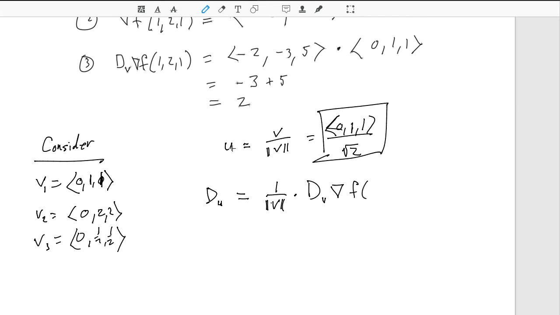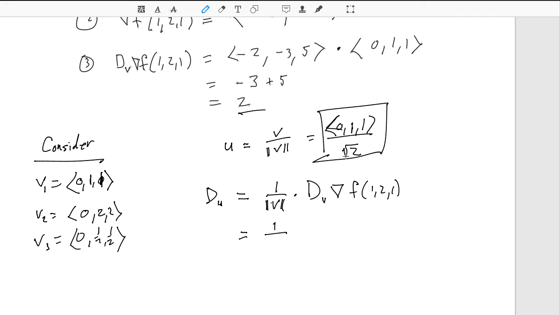Now, direction of v and direction of this u is the exact same thing, except this one has been made a unit vector. Because again, we want to talk about rise over run, and we want this thing in millibars per meter, not millibars per root 2 meters, which is further. It's 1.414.